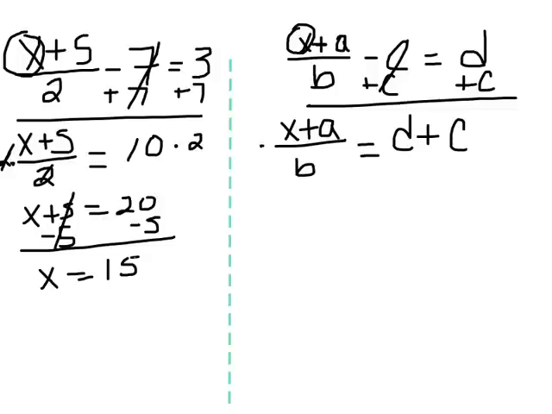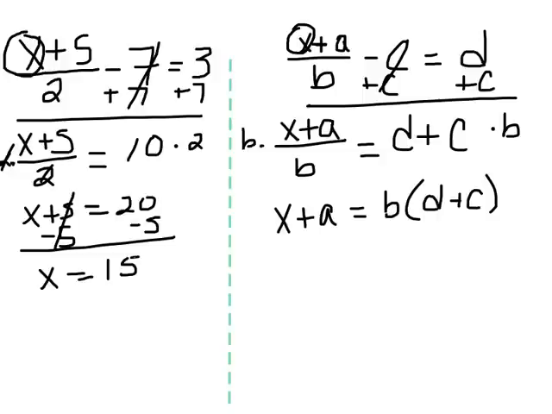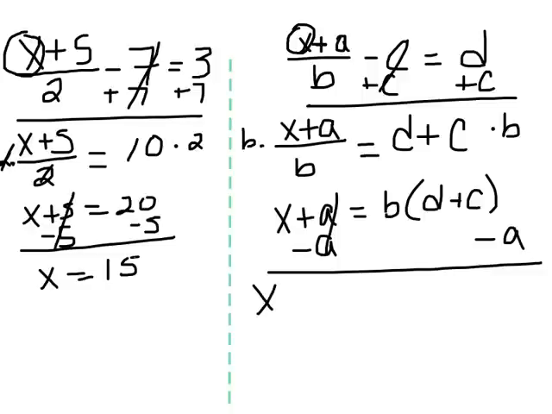Then we're going to multiply by B, x plus A equals B times D plus C. And then I'm just going to subtract A on both sides. So I'm going to be left with x equals B times D plus C minus A.